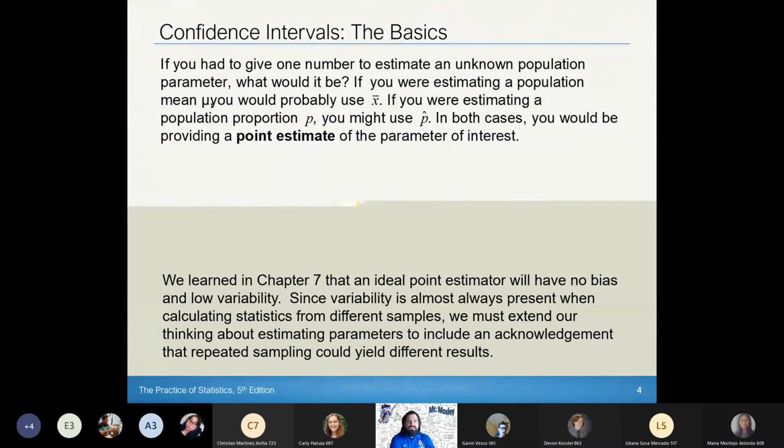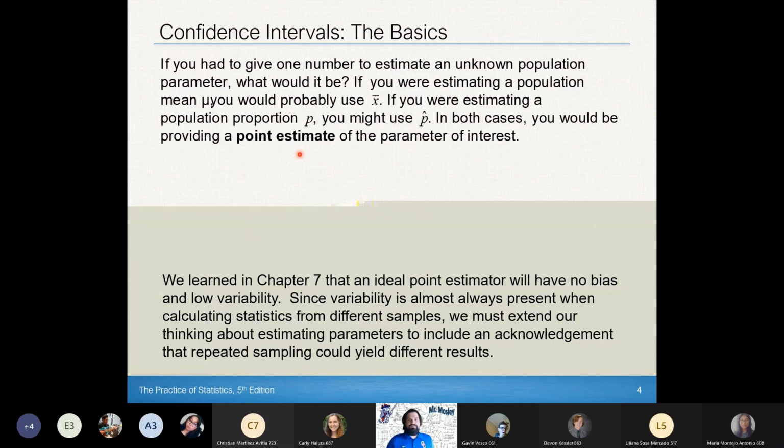If you had to give one number to estimate an unknown population parameter, what would it be? If you're estimating a population mean, mu, you would probably use x bar, which is what we did in the previous example. If you're estimating a population proportion, p, you might use p hat, the sample proportion. In both cases, you would be providing a point estimate of the parameter of interest.